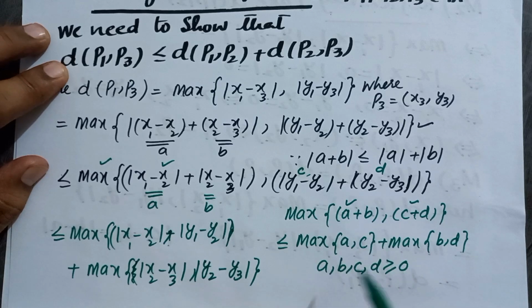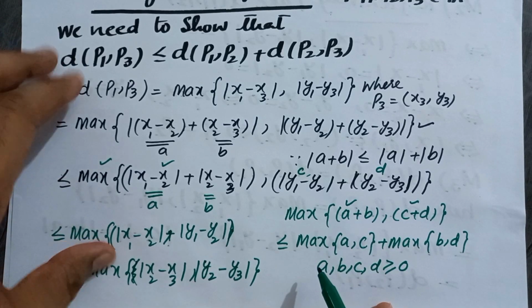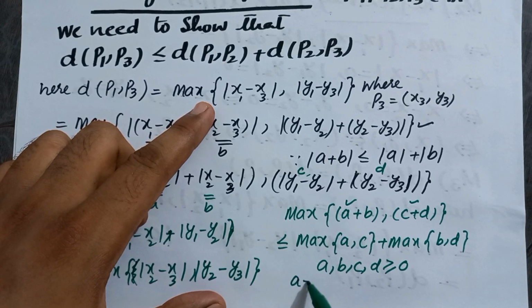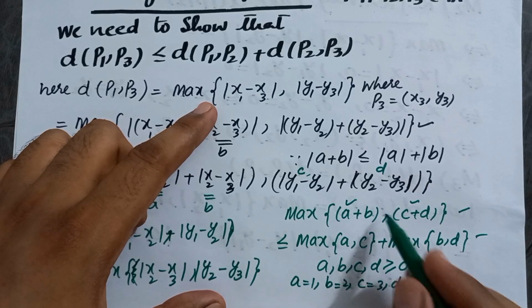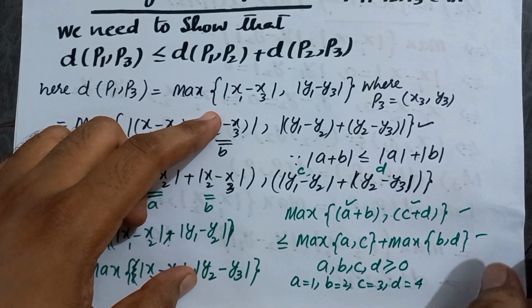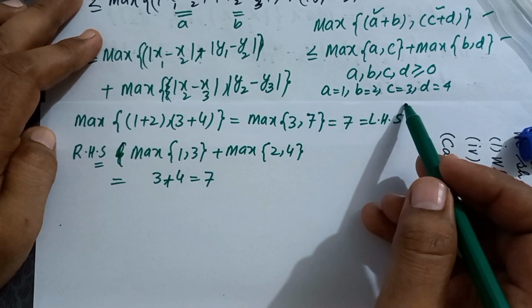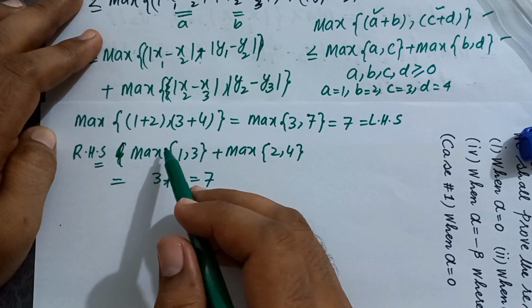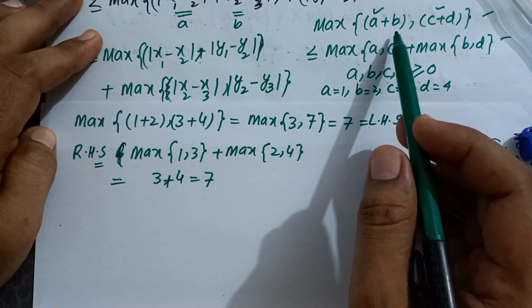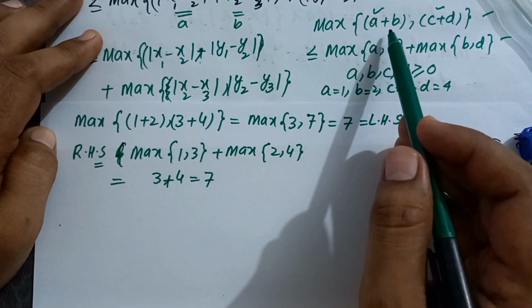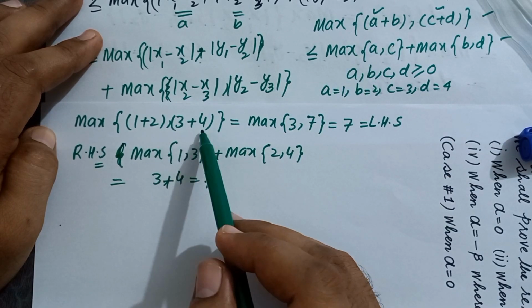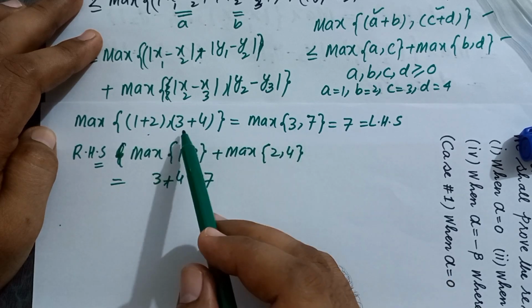You can verify this property by taking certain numbers. For example, for your satisfaction, if we take a equal to 1, b equal to 2, c equal to 3, and d equal to 4, and calculate both sides: the maximum of a plus b, c plus d, which is 1 plus 2 equals 3 and 3 plus 4 equals 7.